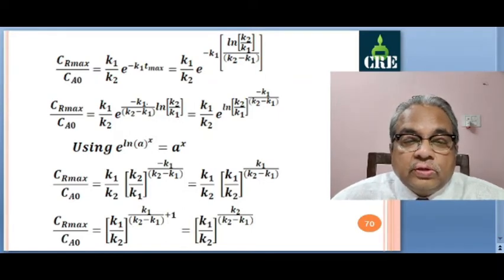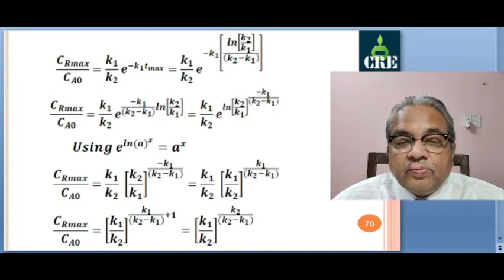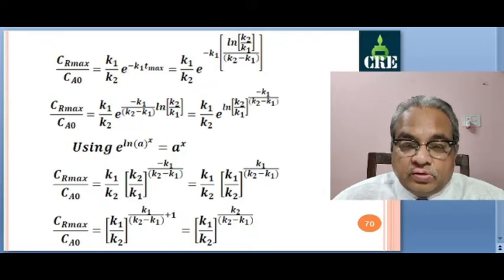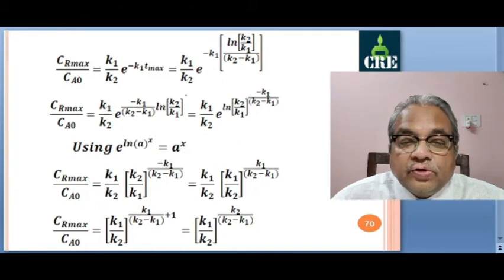So this can be further written as e raised to ln of k2 by k1 raised to minus k1 by k2 minus k1, taking the index to this. Okay. So we can say b ln of a will be equal to ln of a raised to b form. So this simply can be taken here.